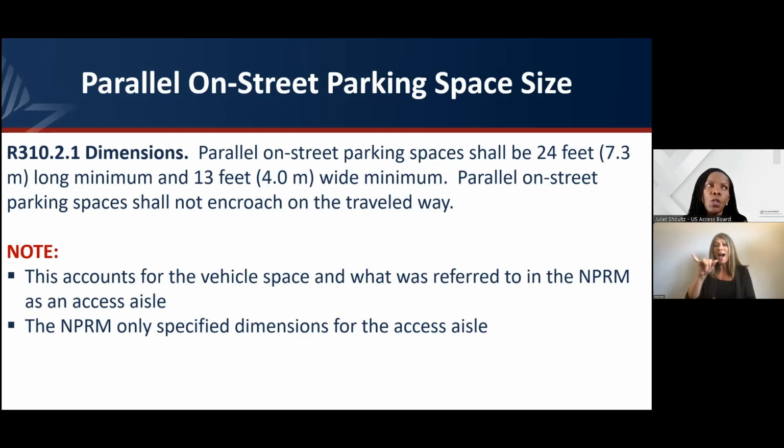So even though we don't use the language access aisle for a parallel on-street parking space in the final rule, when you take the dimension that we have specified, it accounts for both the vehicle space and a 5-foot essentially access aisle, but we're just looking at it as one big space. In the NPRM, we only specified dimensions for the access aisle.